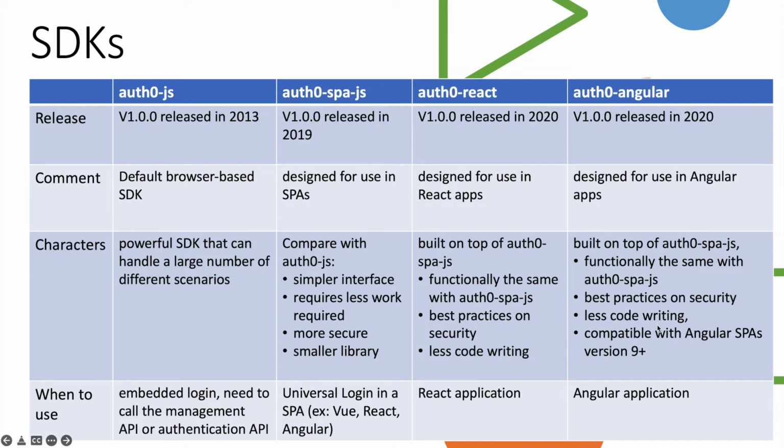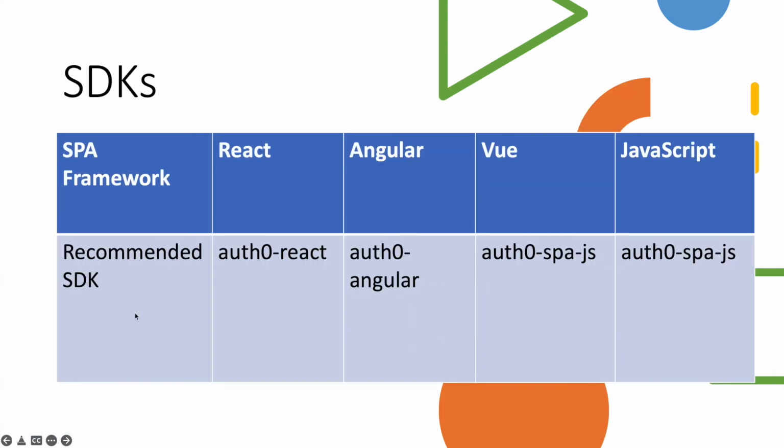It requires less code writing, but one thing need to notice is that it's only compatible with version 9+ for Angular application. Therefore, if your application is an Angular application and the version is newer than 9, you can use Auth0-Angular recommended SDK for your application.